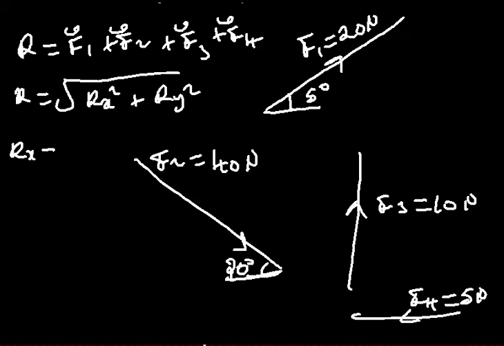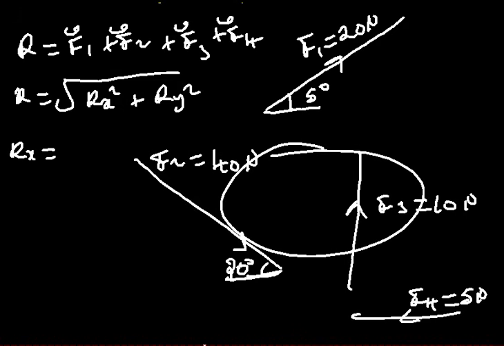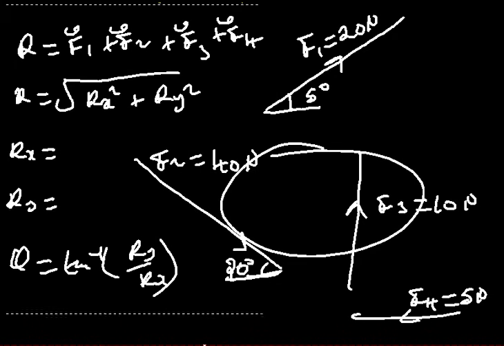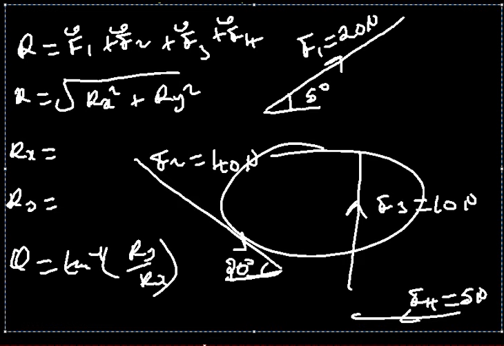So what is Rx? We should add the x components of all these vectors, and for Ry we should do the same. And tan theta is given as Ry over Rx. So make sure you understand better about vector resolution. That is the key component of whatever we're talking about here.